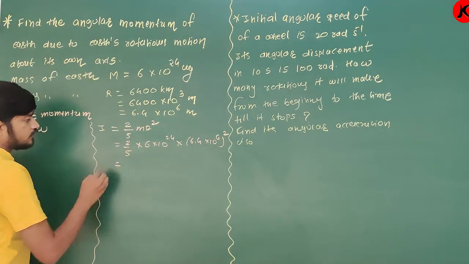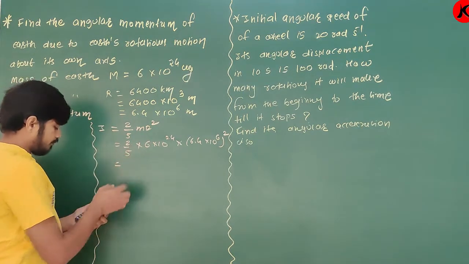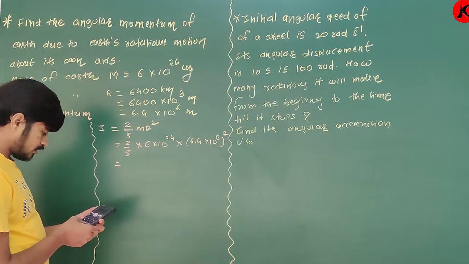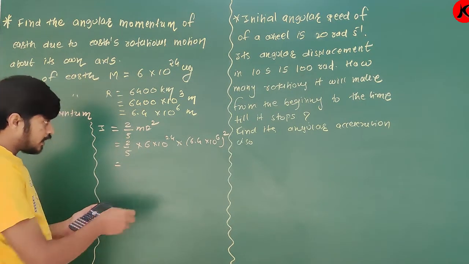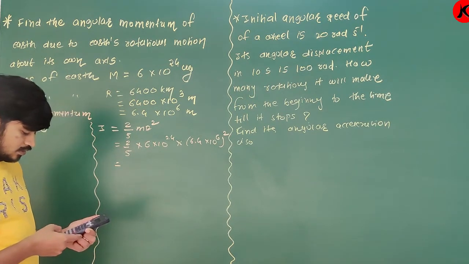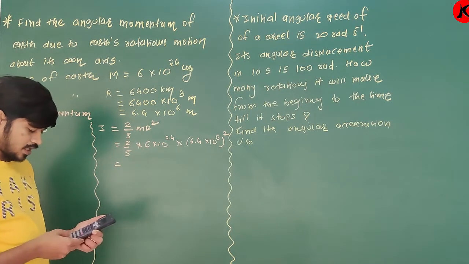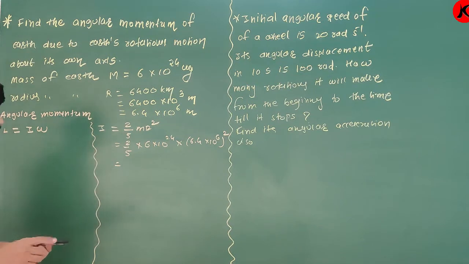Now how to calculate this? It is simple: 2 into 6 into 6.4 into 6.4, divided by 5. So it is 98.304. Let me recheck it.